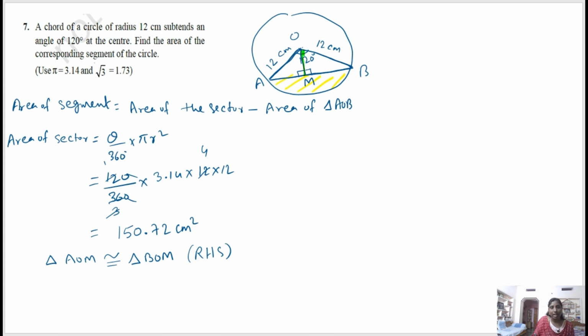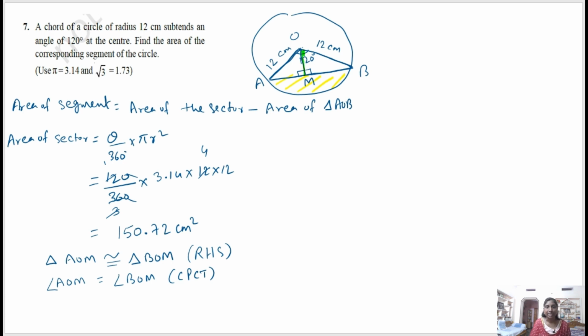By CPCT we can equate all the parts of the corresponding triangles. So we can write angle AOM is equal to angle BOM by CPCT.